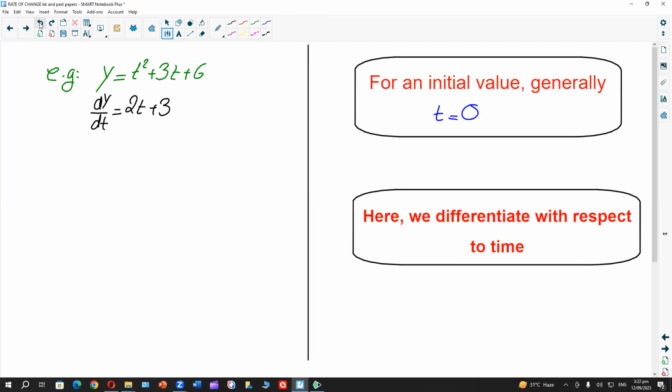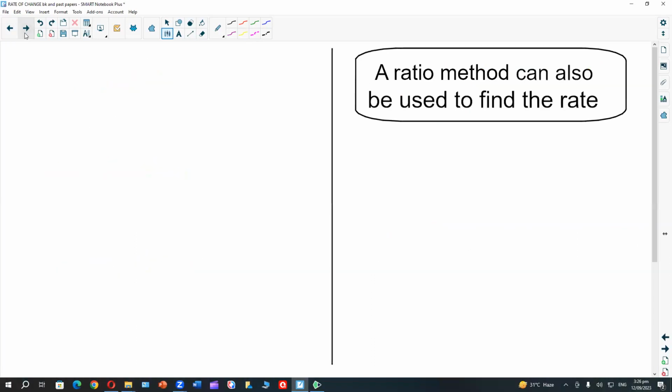Carefully see, the denominator is t. When you are differentiating with respect to t, the denominator will be carrying t.